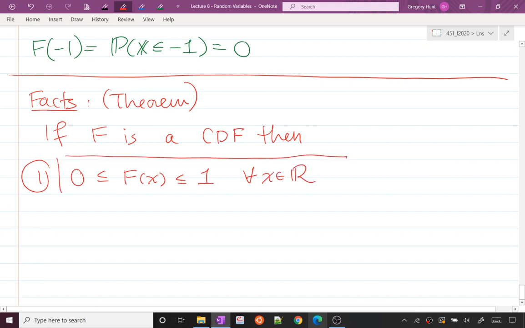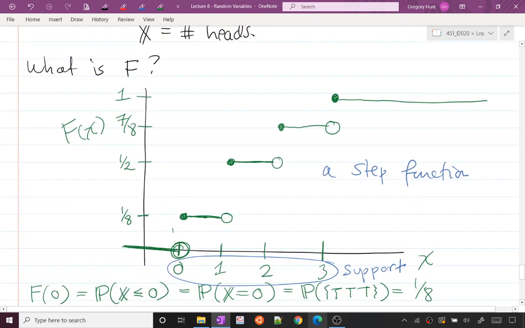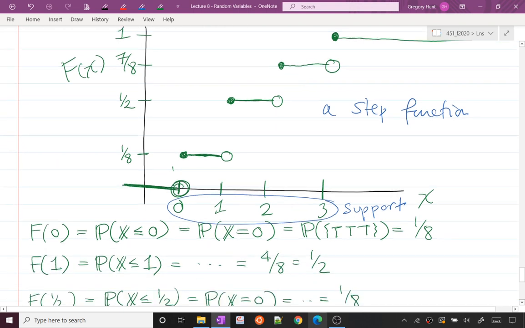Fact 1 is that the CDF is always between 0 and 1. In this case, it starts at 0, ends up at 1, and any value in my function is between 0 and 1.